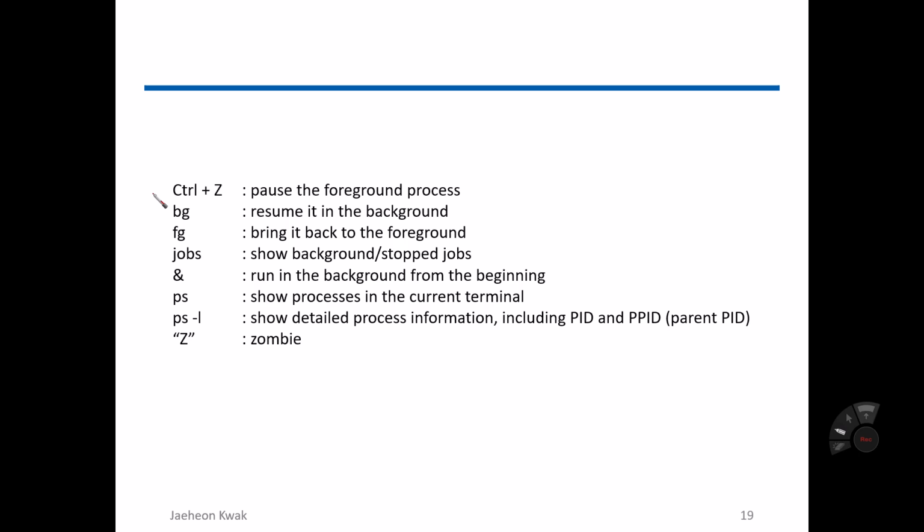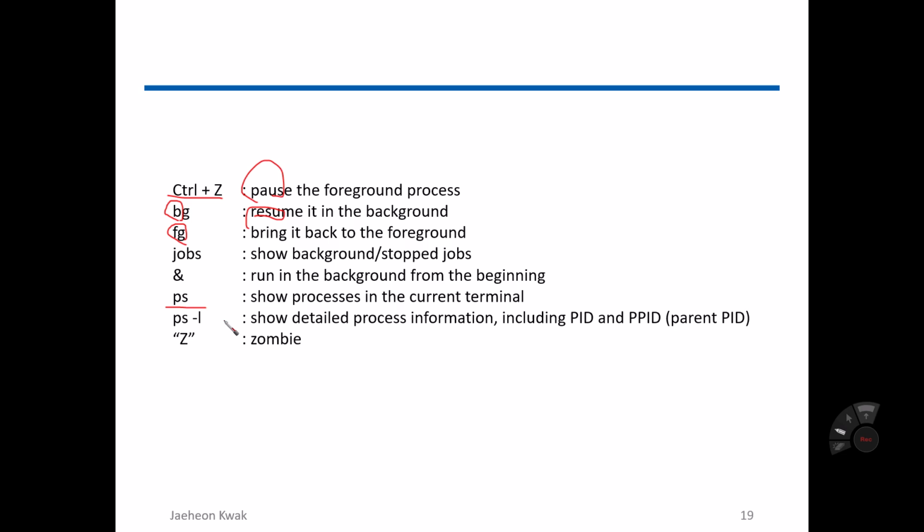Control C terminates the current process. You can use Control Z to pause the current process. After pausing, we can resume the paused process by typing BG or FG. BG will resume it in the background, and FG will resume the paused process in the foreground.